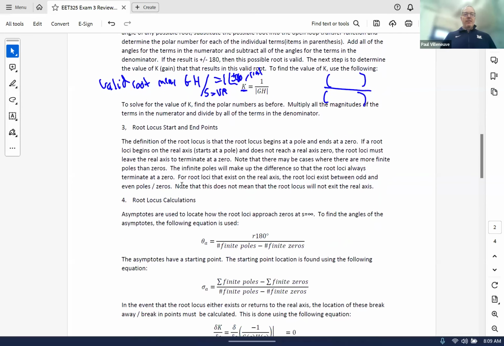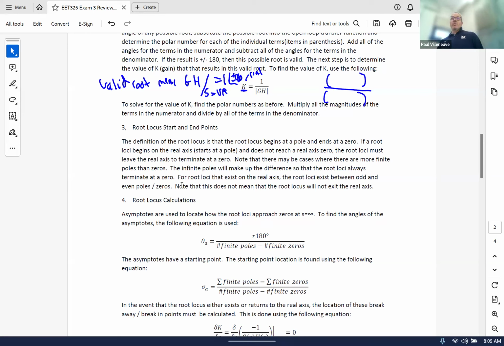Now, number 3, in my opinion, is the key to root locus, the starting and the endpoints. Because if you can lay out a root locus, at least initially, what it looks like, and get a little bit of insight as to where the root loci go based on that initial setup, then you don't have to calculate a lot of these other parameters.